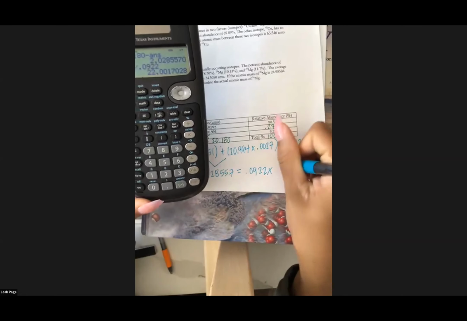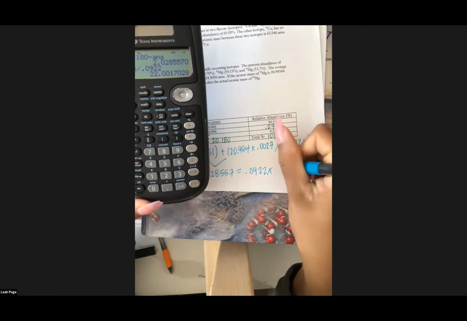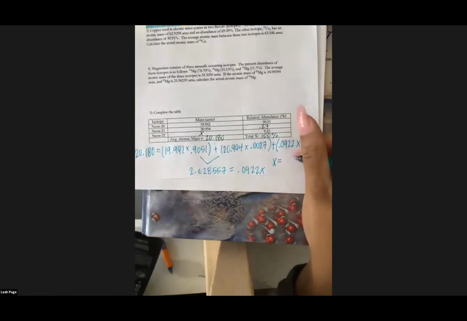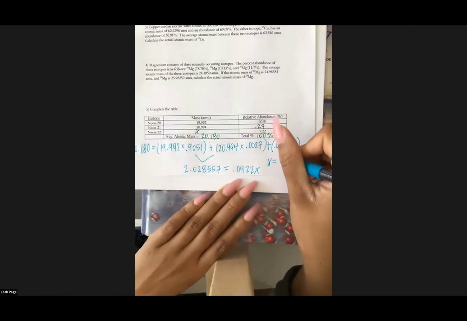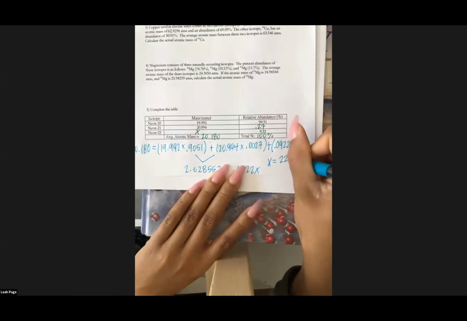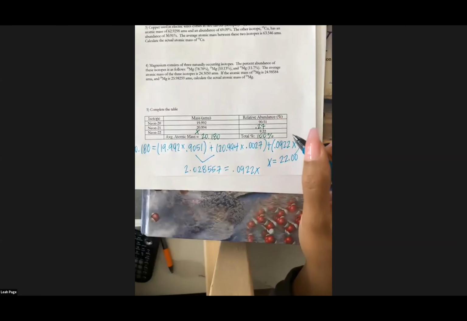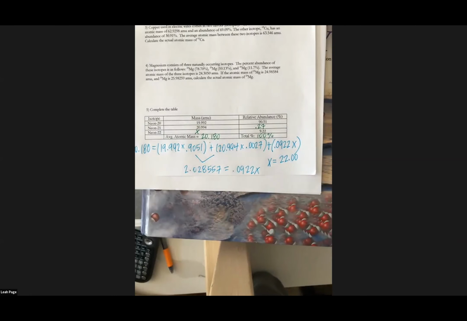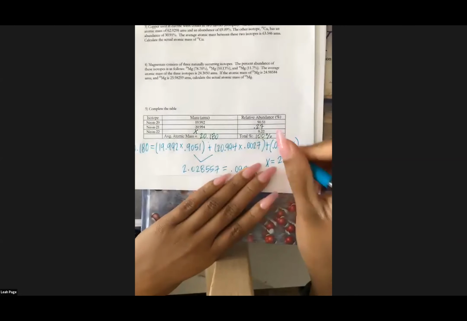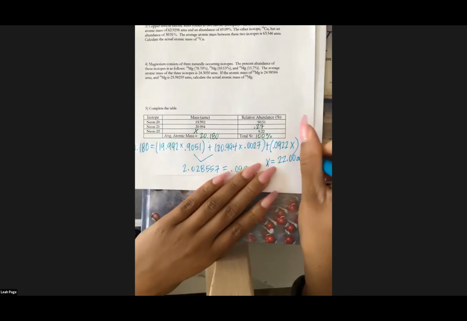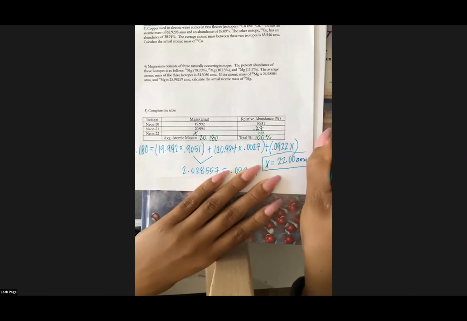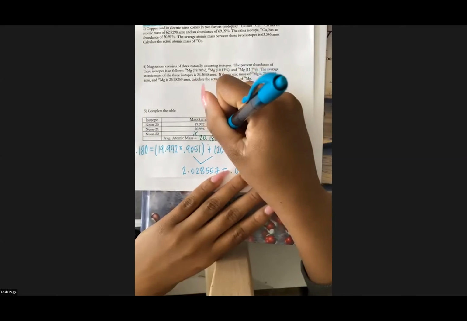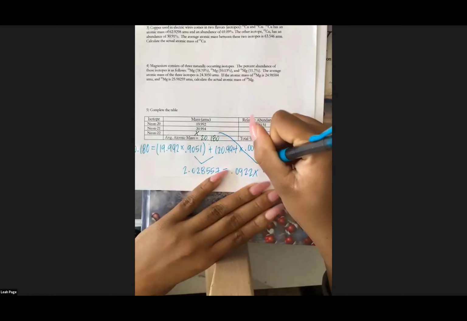So my X, and if you got something different, that's probably because we had different numbers, guys. But neon 22 should be 22.00 or somewhere close to it, because that's how we get neon 22. And I'm going to say this is for neon 22. So this is AMU. This is my answer. Remember, this is the answer to that.